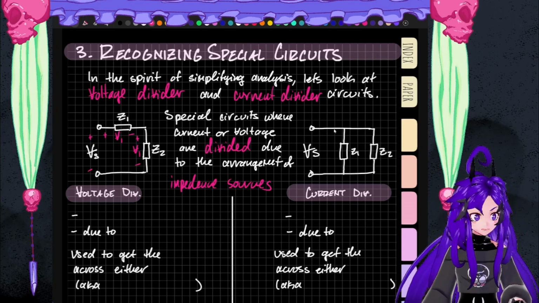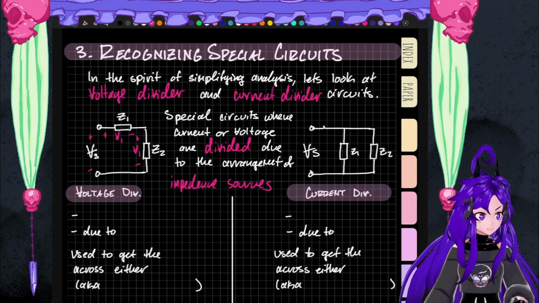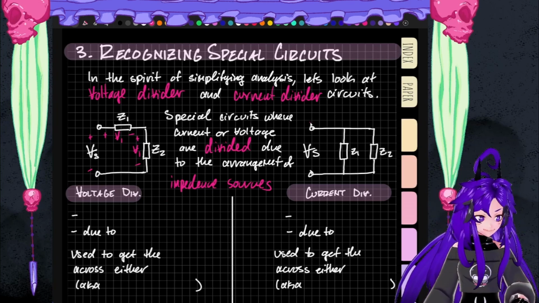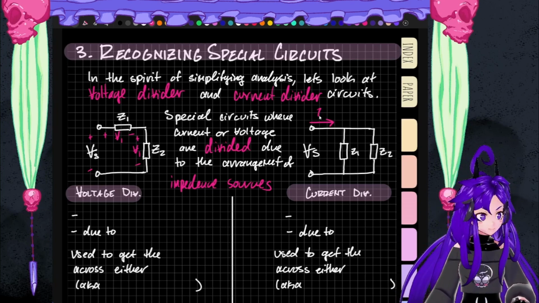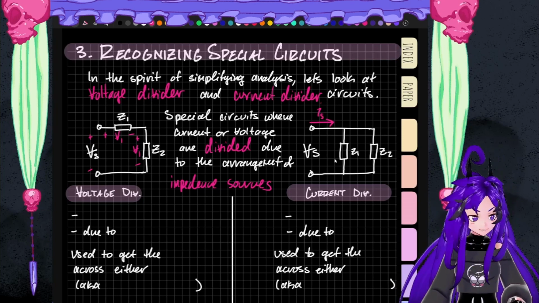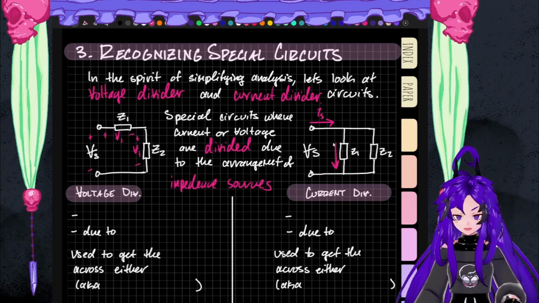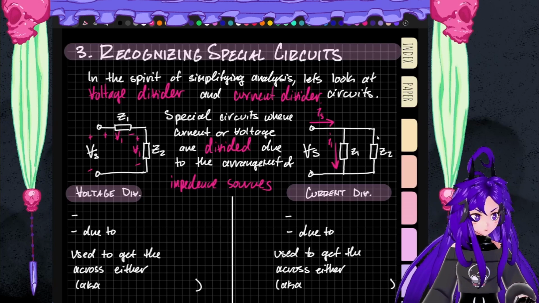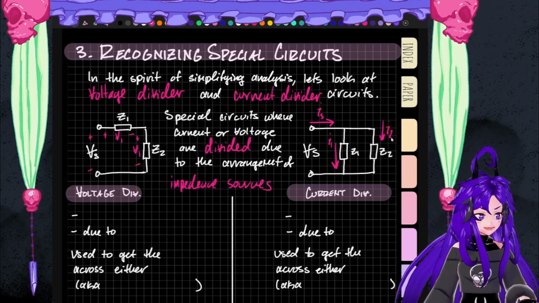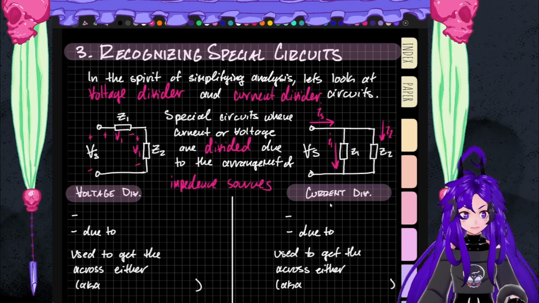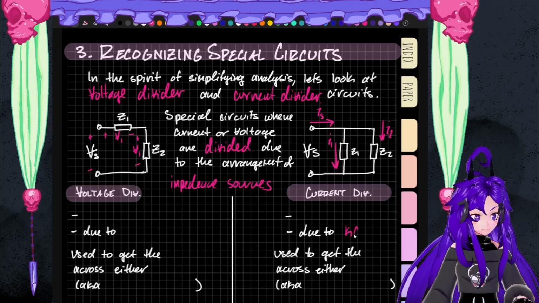Same thing for current divider. You've got currents. There's a current coming from this source. We'll call it I source. And then each stem has a current, I1 and I2. We know that from Kirchhoff's current law.